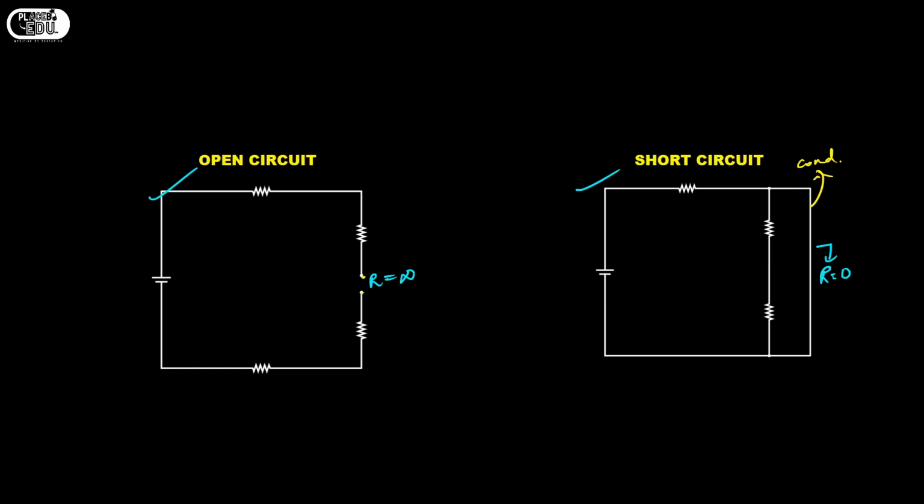Now we will see how the voltages and currents are affected due to open circuit and due to short circuit. For that I am considering R equals infinity. Consider this circuit. This is 5 ohms, and we have an open circuit here.